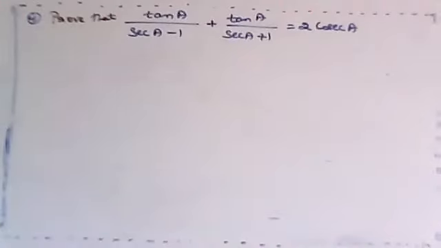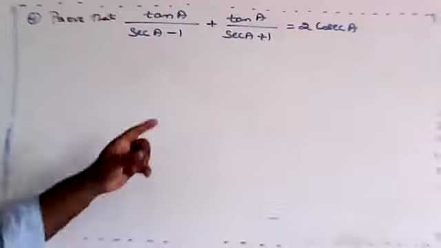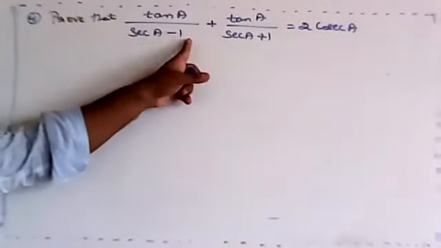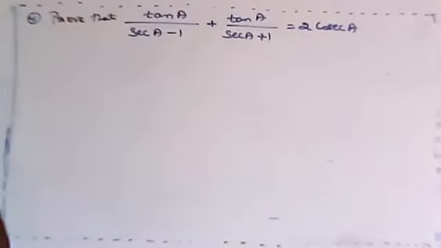So here they ask to prove that tan A by secant A minus 1 plus tan A by secant A plus 1. Yes, good, good, right.